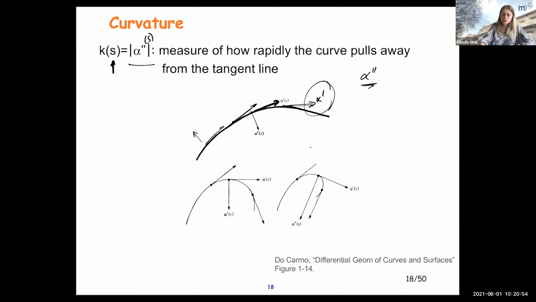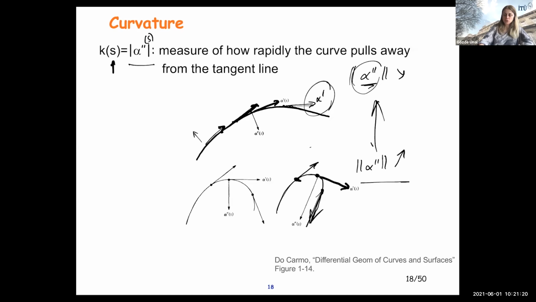So look at this curve, compare it to this one, and look at the tangent vectors here. Here they were changing more smoothly. Here, from this point to this point, look at the tangents: very quick changes, right? So alpha prime would be smaller here, but alpha double prime would be much larger. Compare these two, and this one is somewhere in between.